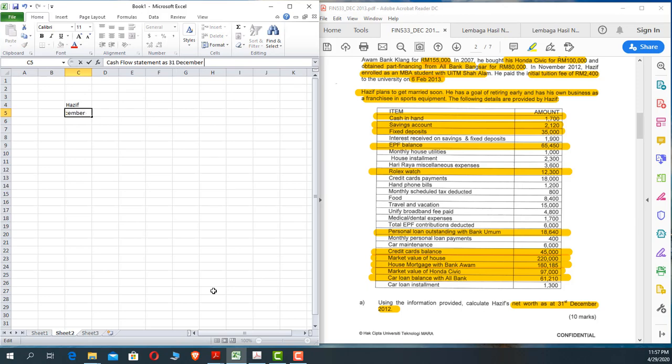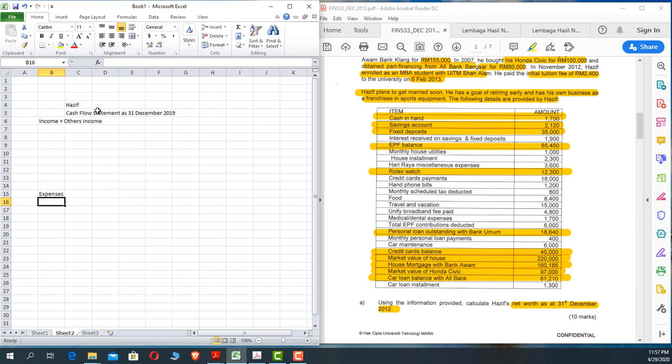So we have here income plus other income, and for expenses.